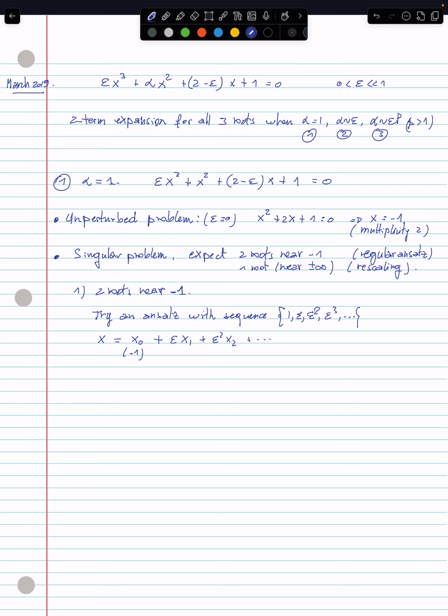So epsilon x to the third will provide epsilon times x0 to the third, plus 3 x0 squared x1 epsilon squared, plus something of higher order, which I don't want to make explicit here, because it will give me something of order epsilon to the third, and definitely I don't want to keep that.